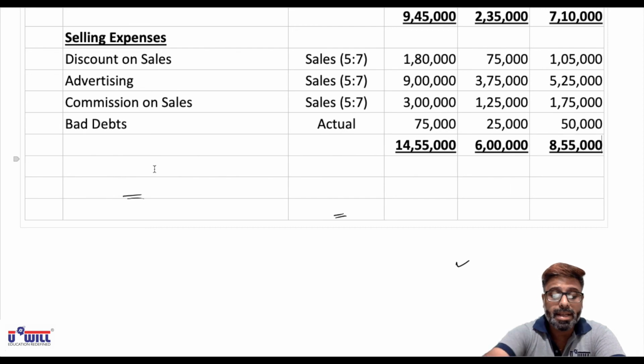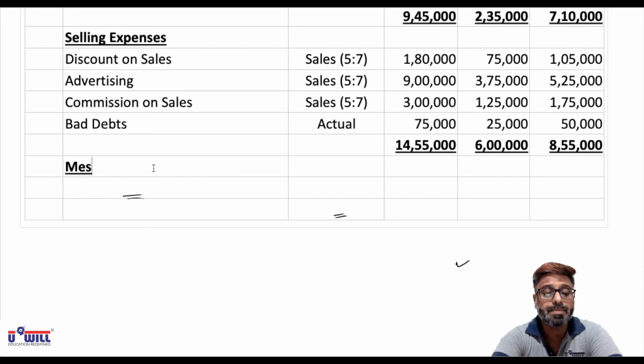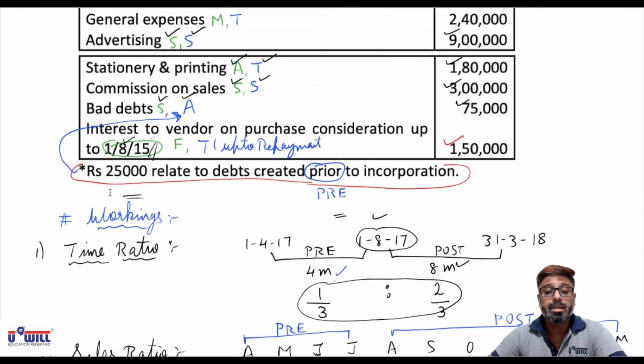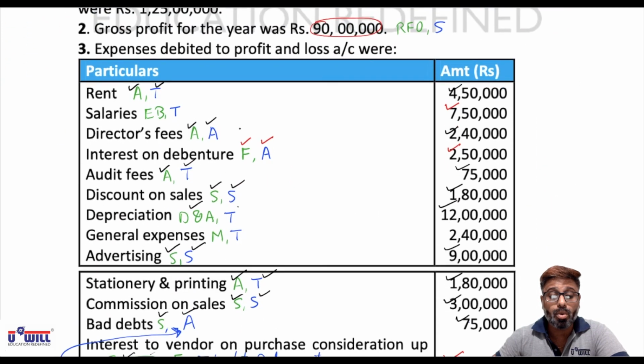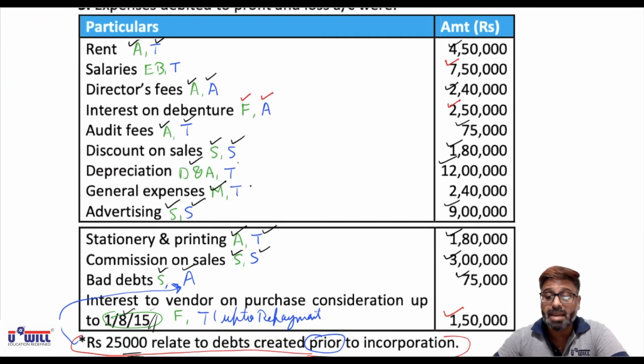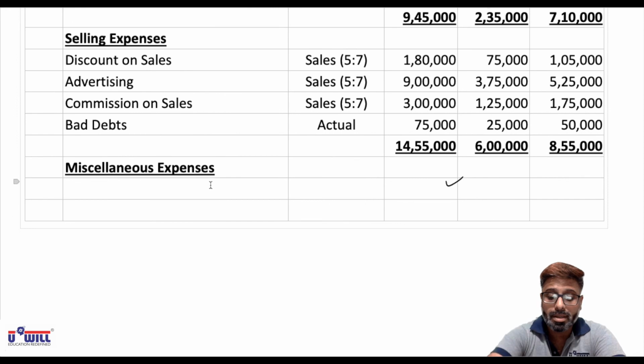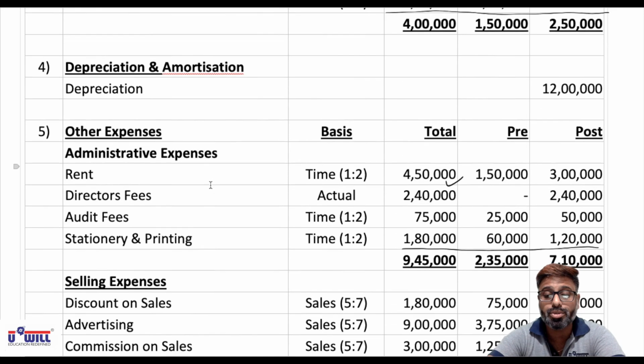Then we take up miscellaneous expenses. All the M marked items include only one item, general expenses, time ratio, 2,40,000. What is the time ratio? 1:2.